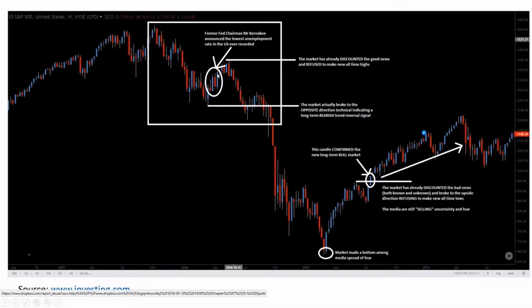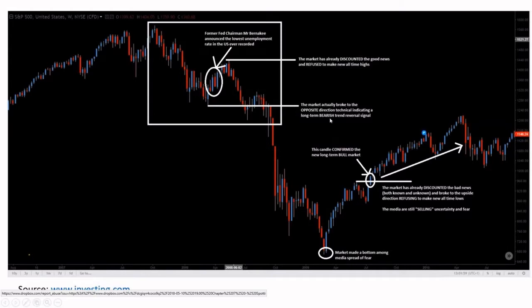So in this case, the market has discounted the good news. The market has already discounted the good news and refused to make all-time highs. And the market actually broke in the opposite direction, technically indicating a long-term bearish trend reversal signal.